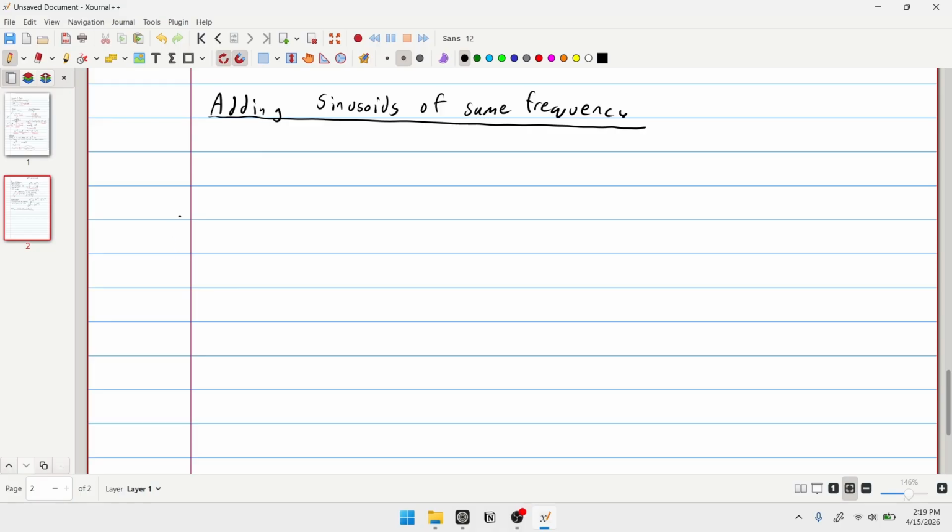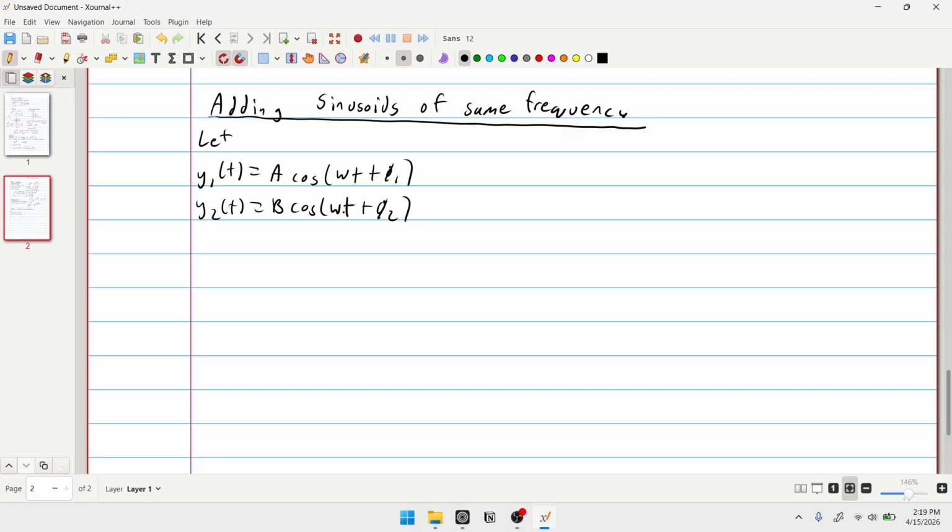Okay, so let y1 of t equal A cosine(ωt plus φ1), and we'll have y2 of t equal B cosine(ωt plus φ2). Notice how these two have the same frequency, all right?